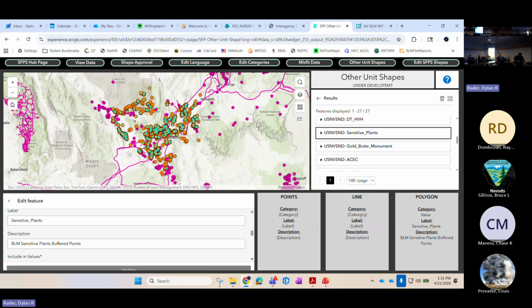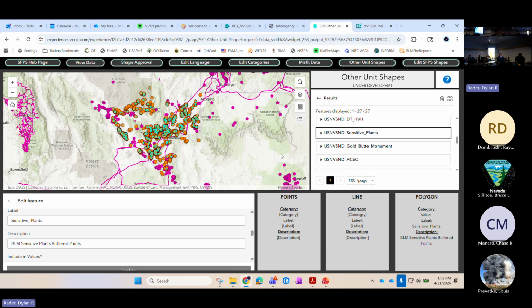So critical values at risk, historically I've always used the other unit shapes to put all my values at risk in, whether it's greater sage grouse, desert tortoise, spotted desert dace, whatever the endangered species is. You can put it into the other unit shapes and associate text with it, which makes it very handy.